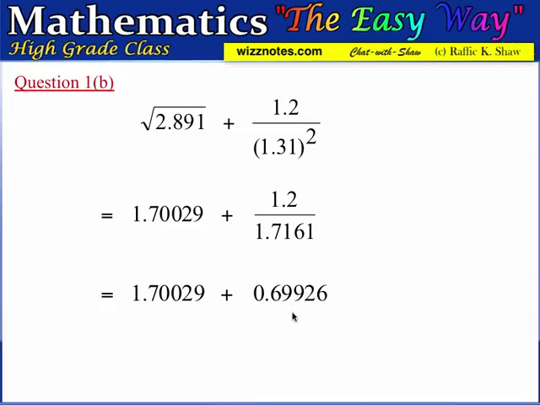And if we proceed now to add these two terms as they are, then the result is this, 2.39955, and that's the 5 decimal places. We want the final answer correct to 2 decimal places. These are the first 2 decimal places, so we are really correcting this 9 with this 9, and when we correct this 9 with this 9, it becomes 10.